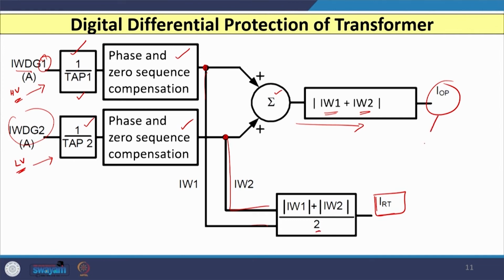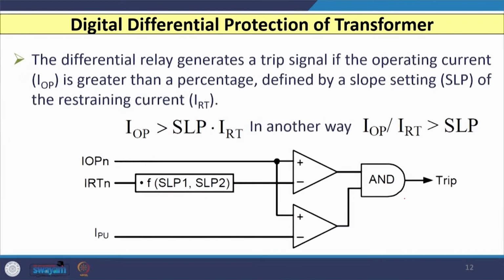Once we have both the operating current IOP and the restraining current IRT, we will have the logic with the help of the slope characteristic. So, let us see how the digital or numerical differential scheme is going to achieve the protection for the power transformer.